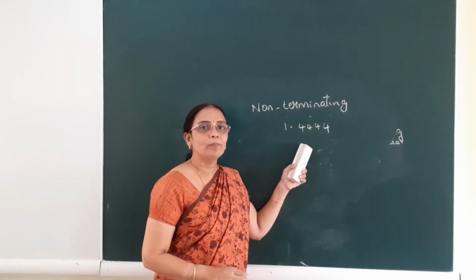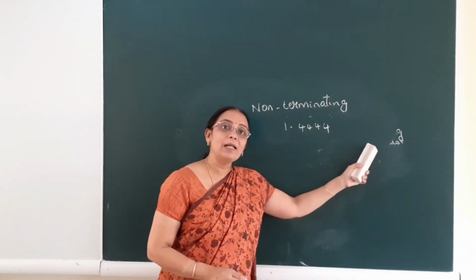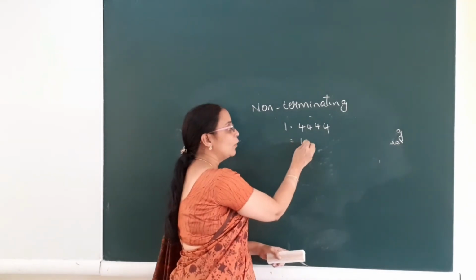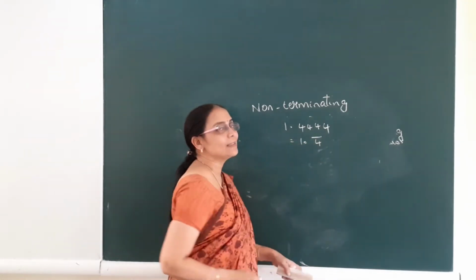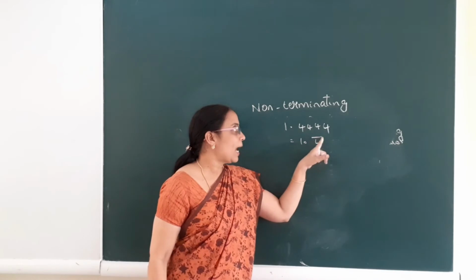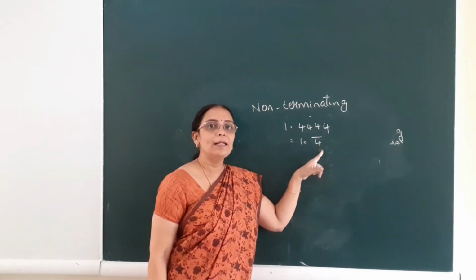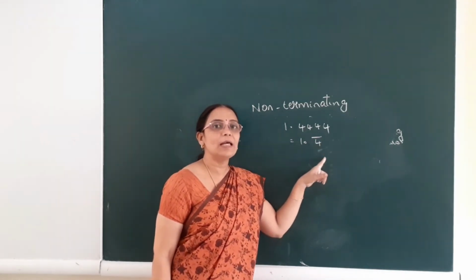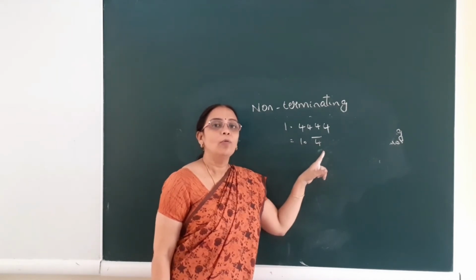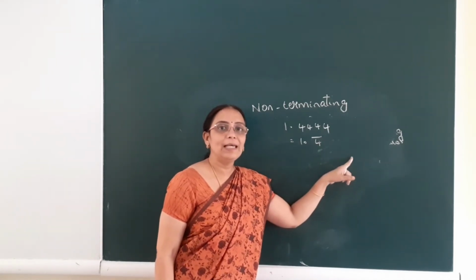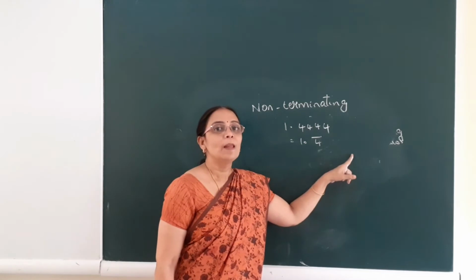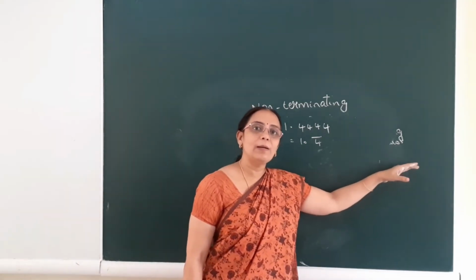What does it mean? 4 is being repeated several number of times. Now if you come across a number like this, there is a bar over 4. If we notice, there is a bar over 4. What does it mean? That 4 is the digit which is going to be repeated several number of times.